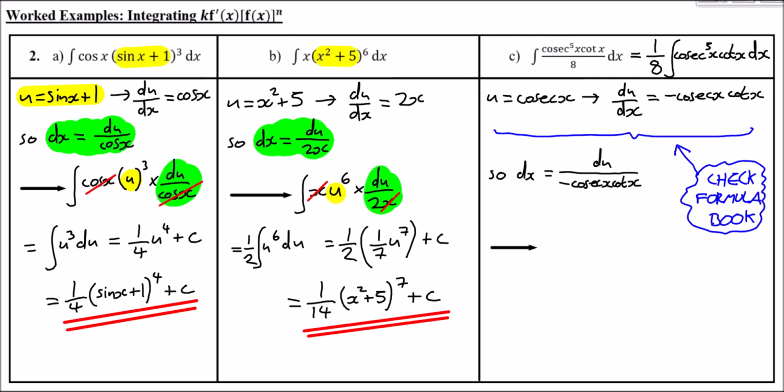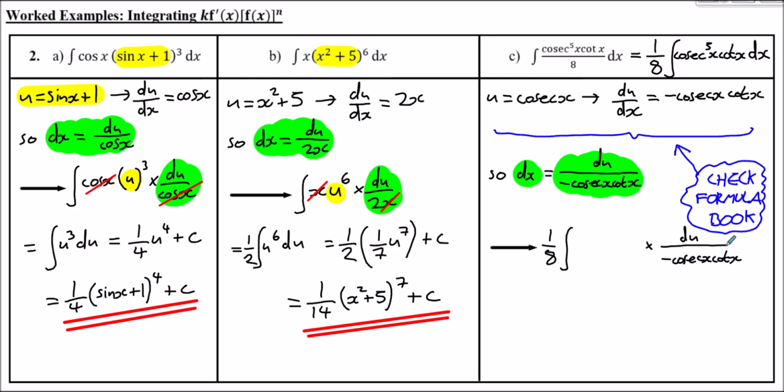Okay, so I'm going to have, obviously, the 1/8 on the outside. Now dx, I'm going to write last, so we can hopefully see what to do. So I'm going to put over here, oops, bit of a pen dribble, that times du over minus cosec x cot x.